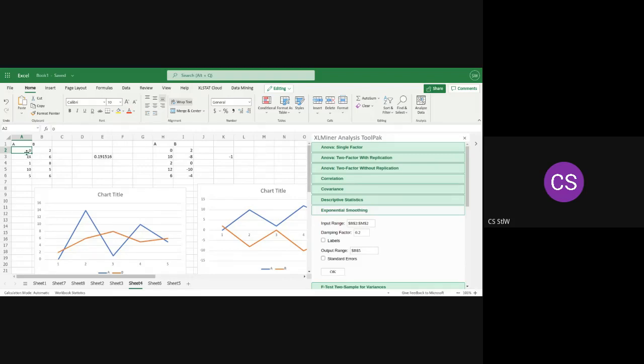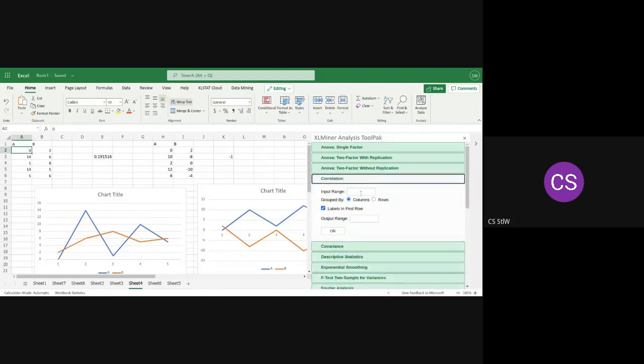So for this case, I was just showing the correlation. I was finding the correlation between A and B. I input my range to be from A2 up to A6, and B2 should have been displayed with a dollar sign.